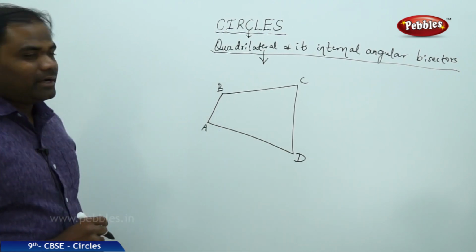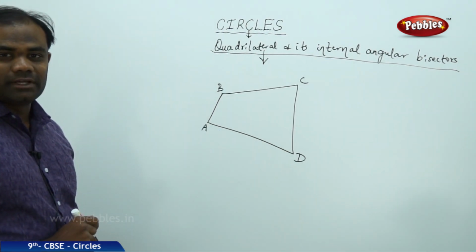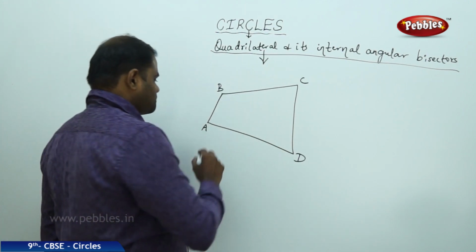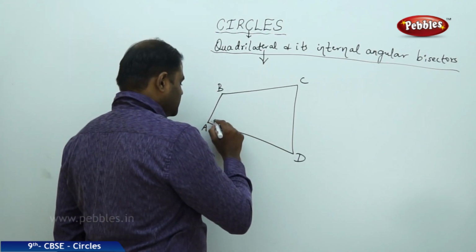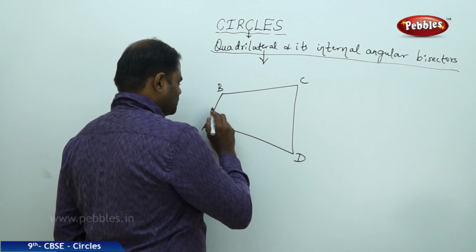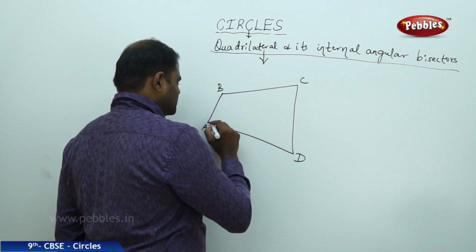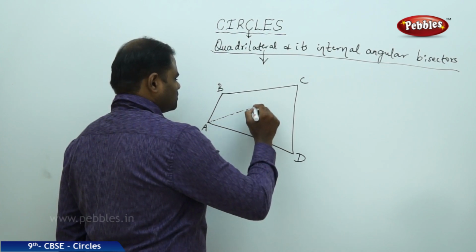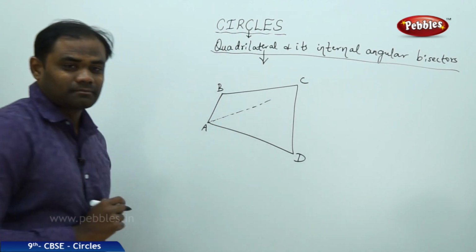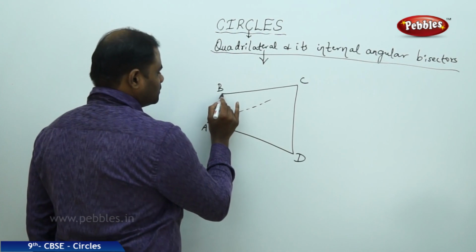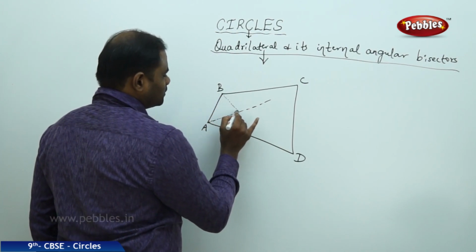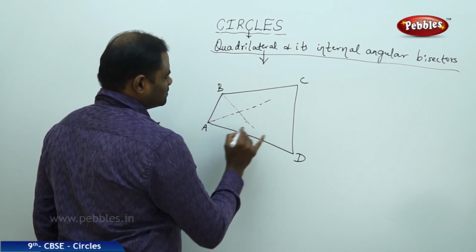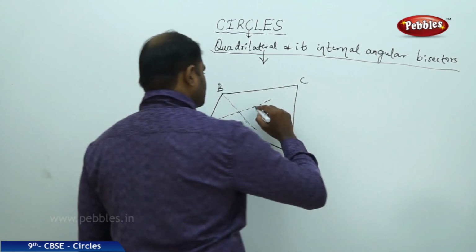Now for this quadrilateral, let me take each of the internal angular bisectors. Say for example at A, the internal angular bisector is this, and at B, the internal angular bisector is this.